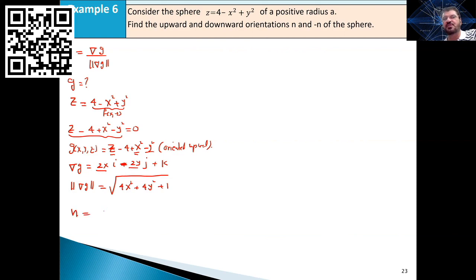It's the gradient of g, which is 2x i minus 2y j plus k, divided by the square root of 4x squared plus 4y squared plus 1. This is a vector that is perpendicular to the surface and it's oriented upwards. Clear? We have seen this before, but it's in a different way today.